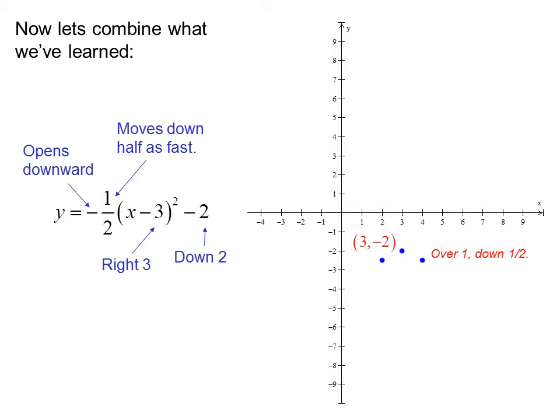Instead of going over 2, down 4, it goes over 2, down half as much, or down 2. Starting, of course, with the vertex. So we'll go over 2, down 2, and that puts a dot at 5, -4.